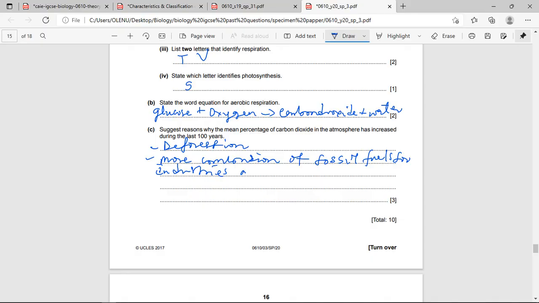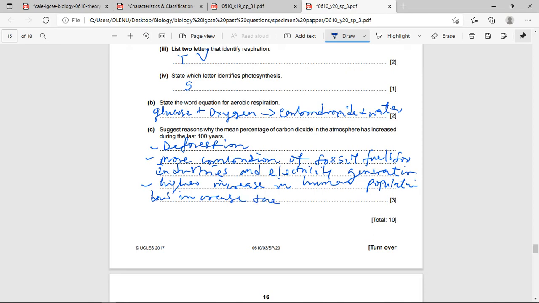The human population has also increased the demand for energy.